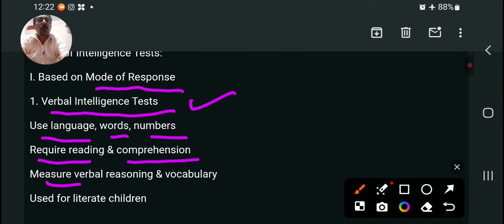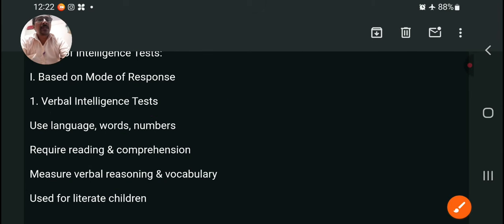It measures verbal reasoning and vocabulary, and is used for literate children. So it is totally a language type test, usually used by literate students or children.